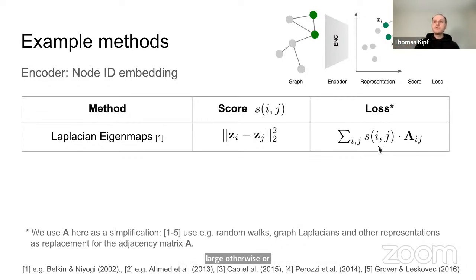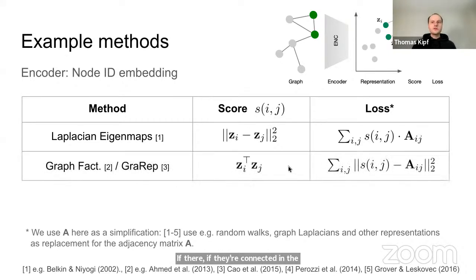So we take the score function, multiply it with the adjacency matrix element for that particular edge, and this is the loss, and we sum this over all relations. This adjacency matrix element is going to be 0 for all the nodes that are not connected, so all of these don't receive a loss. Whenever it is 1, the loss is just the squared Euclidean distance. And so what this does is it pulls node representations together if they're connected in the graph.